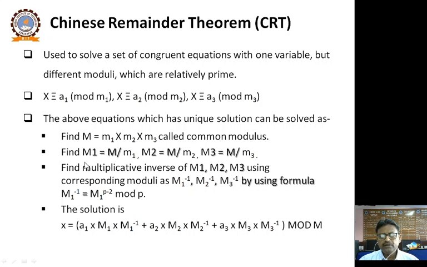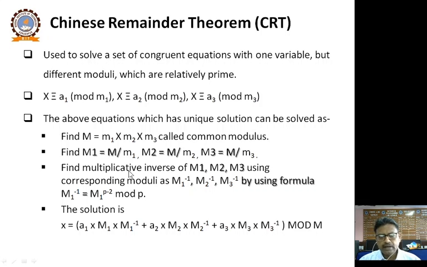Then we find the multiplicative inverse of M1, M2, and M3. How do we find the multiplicative inverse? We have already discussed it with the help of Fermat's theorem. We can find M1 inverse, M2 inverse, M3 inverse by using the formula M1 inverse is equal to M1 to the power P minus 2 mod P, where P is a prime.